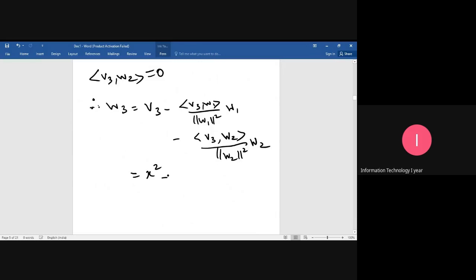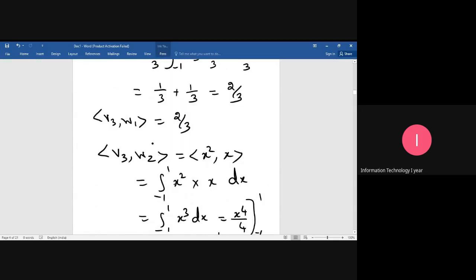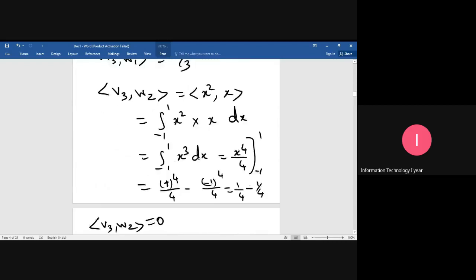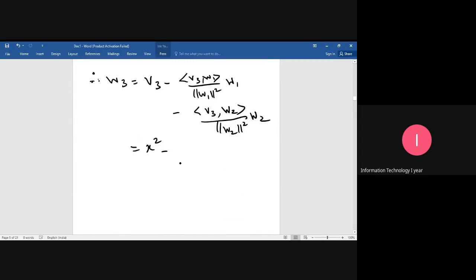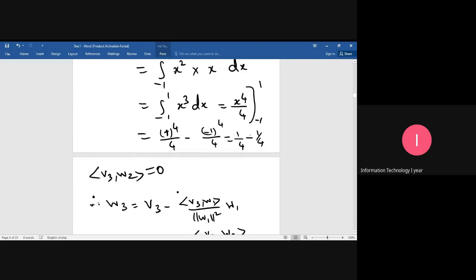V3 is x². Then the inner product of V3 comma W1, which we have calculated, is 2 by 3. So 2 by 3 divided by norm W1 square, we have calculated it is 2, then W1. The next term becomes 0: 0 divided by norm W2 square into W2, because we found the inner product of V3 comma W2 is equal to 0.